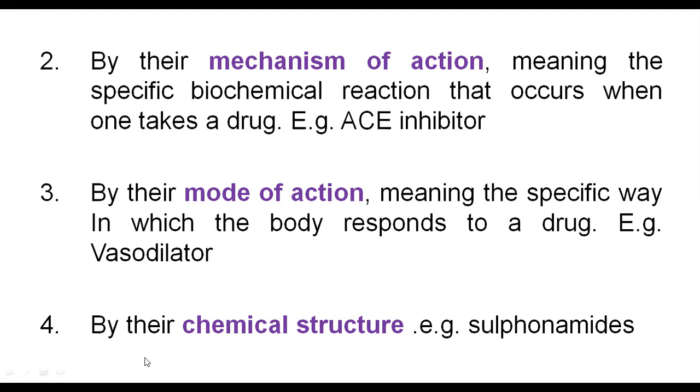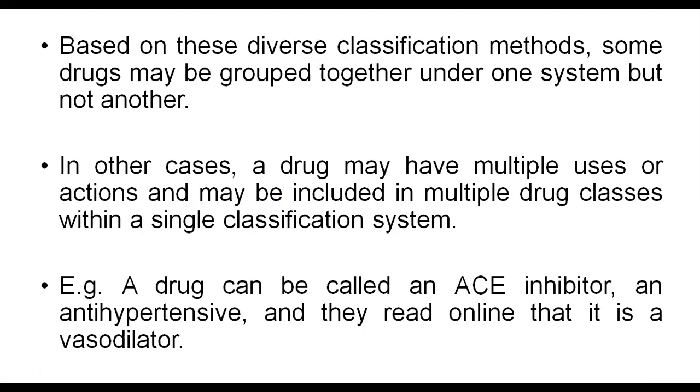Drugs can also be classified by their chemical structure, based on the chemical components of that particular drug. For example, sulfonamides, cephalosporins; those drugs are classified based on their chemical structure.